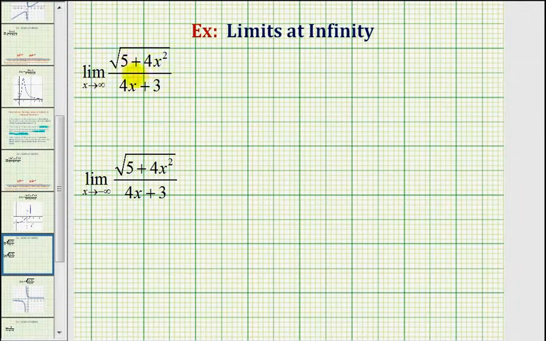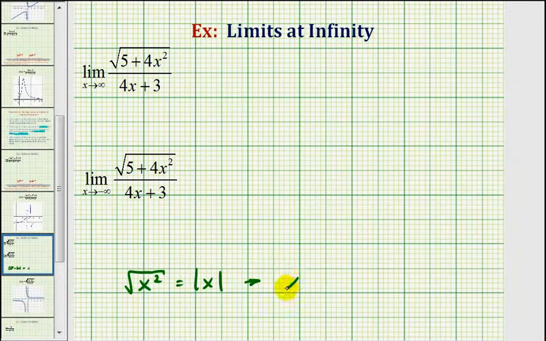But before we do this, the reason we have to be so careful about determining these limits is because if we have the square root of x squared, this isn't equal to just x. This has to be a positive value. Therefore, it's equal to the absolute value of x.